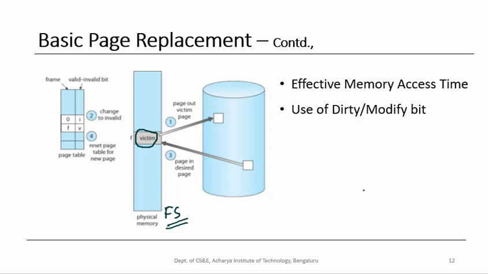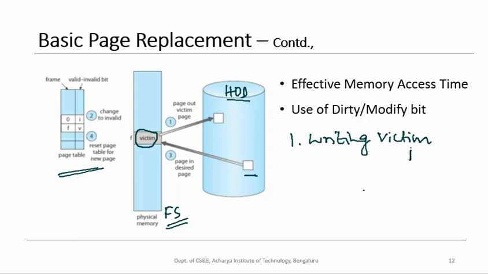Once the victim frame is selected, the page present in that frame is swapped out to the hard disk and the requested page is brought into the main memory, into that freed frame. Of course, corresponding entries are made to the page table. Now here we are approaching the hard disk twice. First time to write the victim page onto the hard disk, this is for writing the victim page.